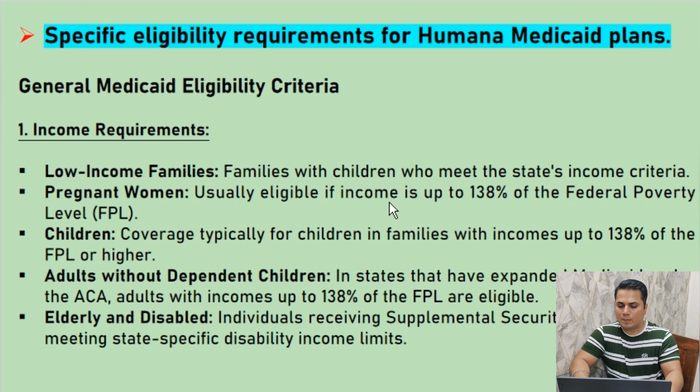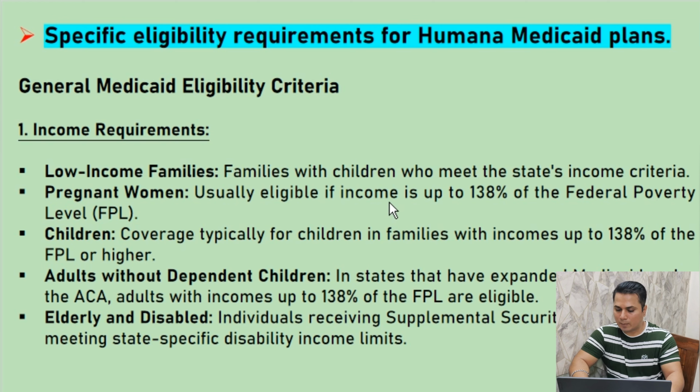Children, coverage typically for children in families with incomes up to 138% of the FPL or higher. Adults without dependent children. In the states that have expanded Medicaid under the ACA, adults with incomes up to 138% of the FPL are eligible. Elderly and disabled.